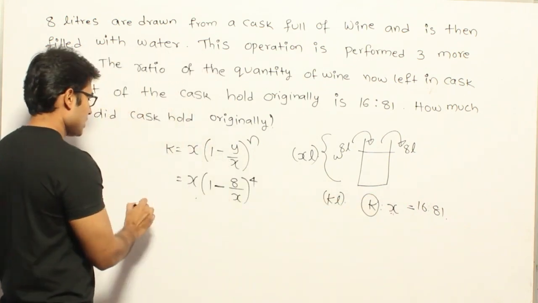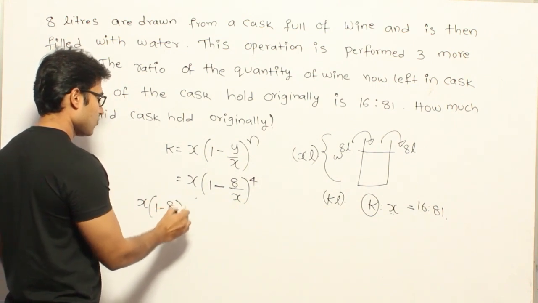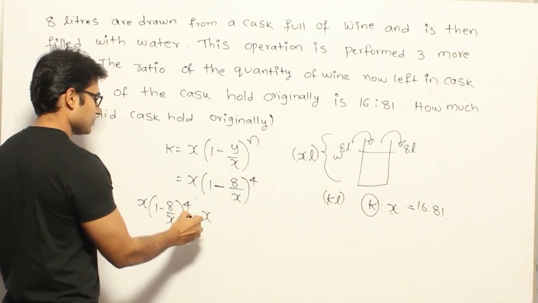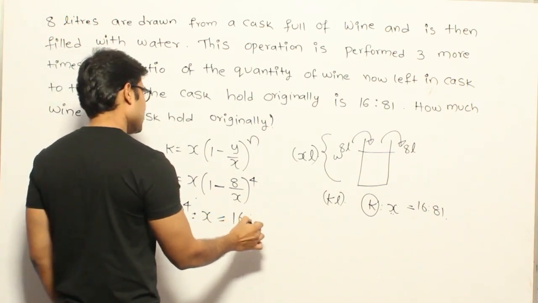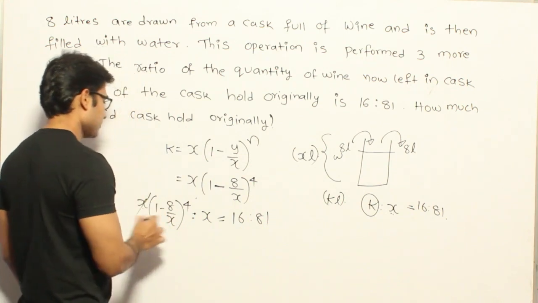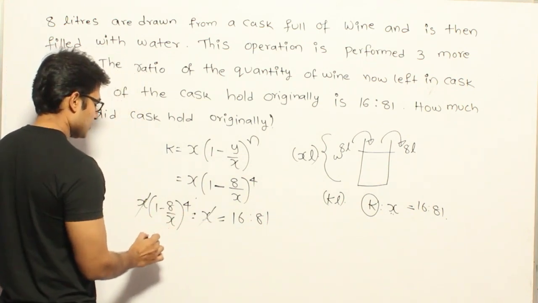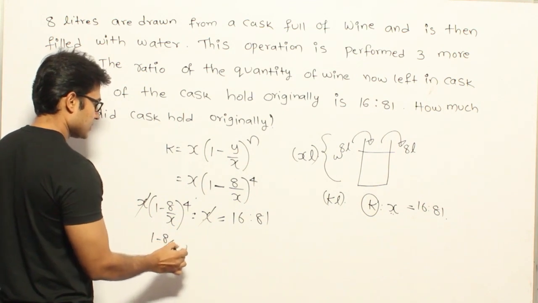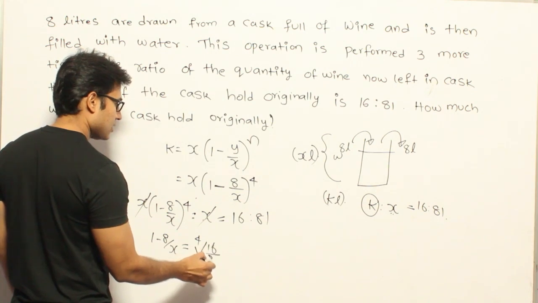So what does it mean? x into (1 minus 8 by x) whole power 4 is to x equal to 16:81. Now what does it mean? This (1 minus 8 by x) equals the 4th root of 16/81.